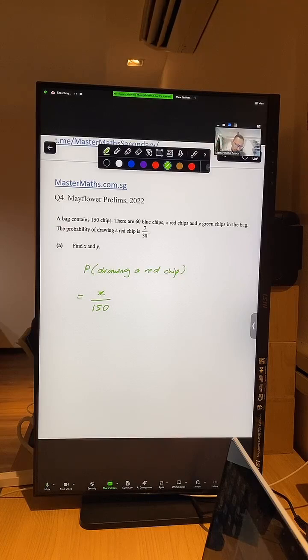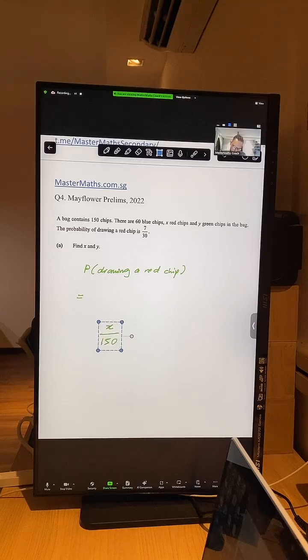Okay, maybe I should write that down. It is the number of red chips over the total number of chips.